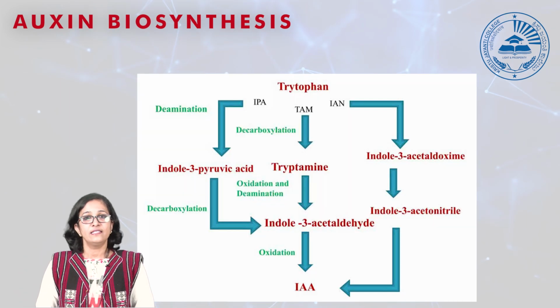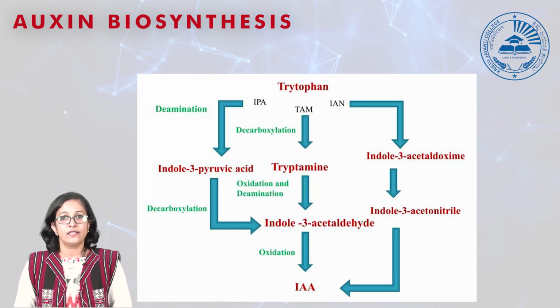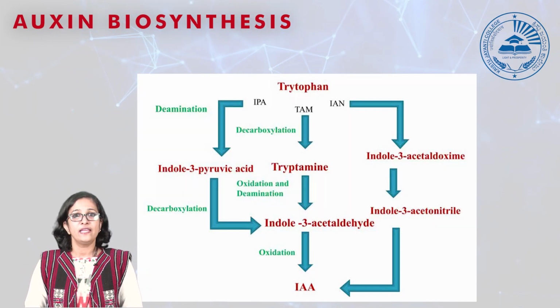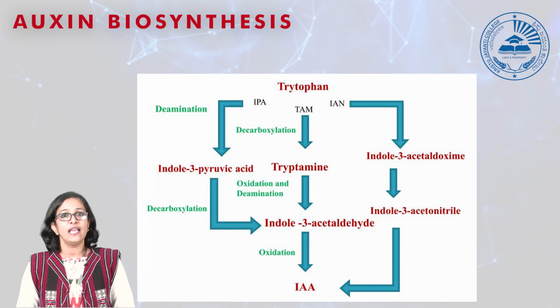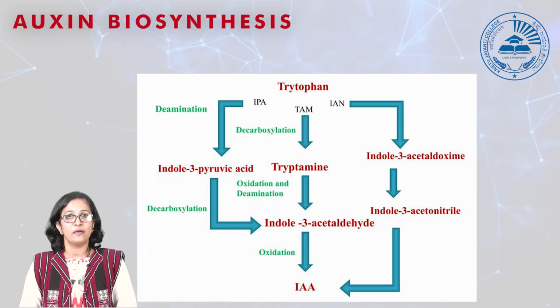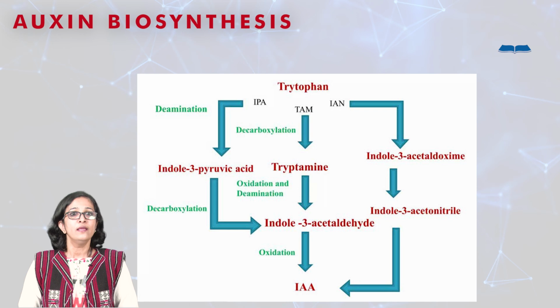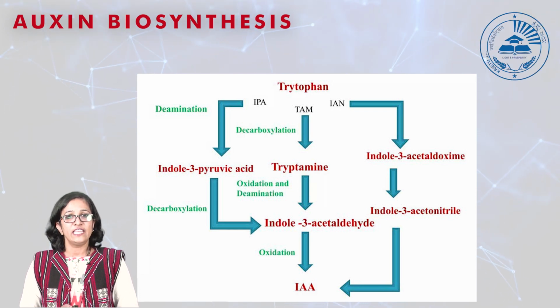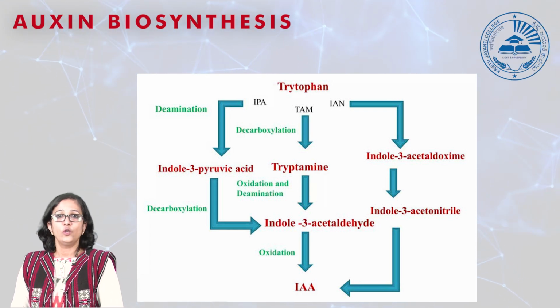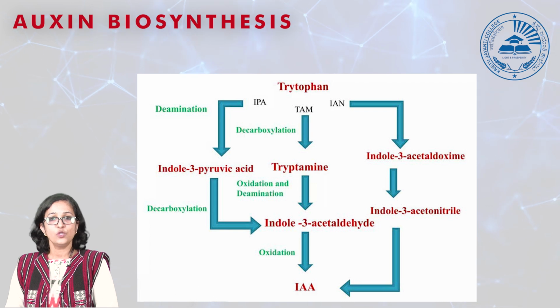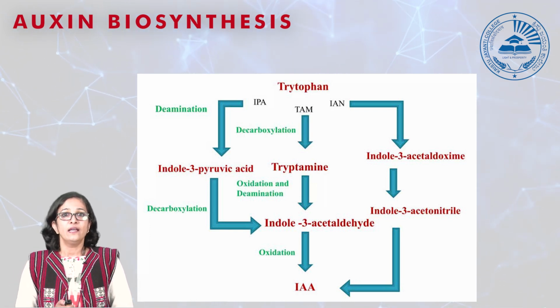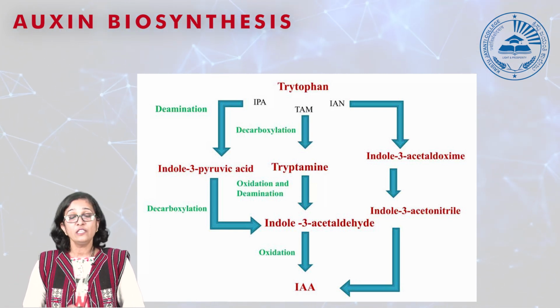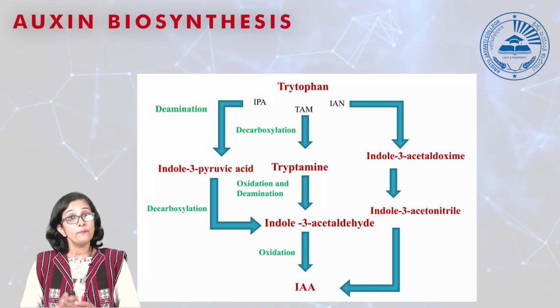So this diagram shows a combined IPA, TAM and IAN pathway. You can see in the IPA pathway, tryptophan on deamination gives indole-3 pyruvic acid. Decarboxylation will lead to indole-3 acetaldehyde, which is oxidized to indole-3 acetic acid. All these 3 pathways are the tryptophan dependent pathway.